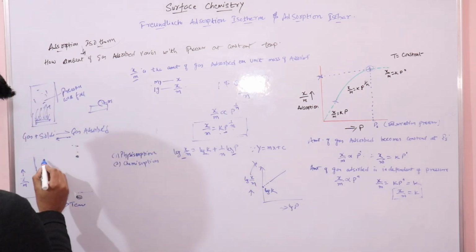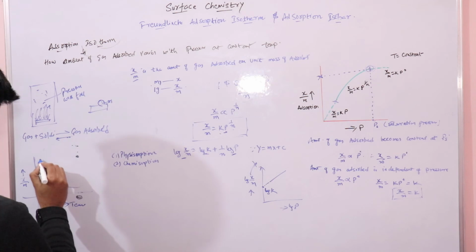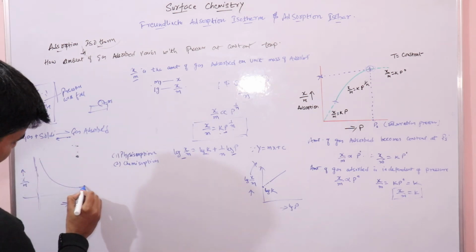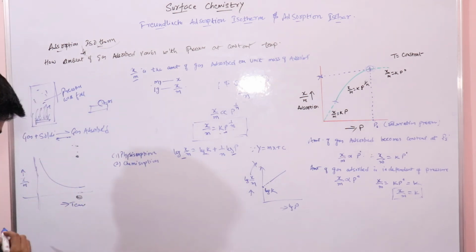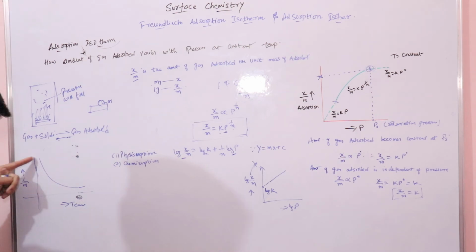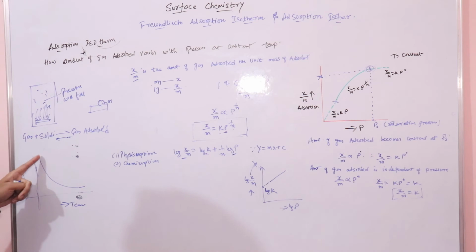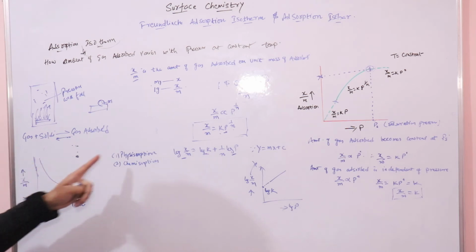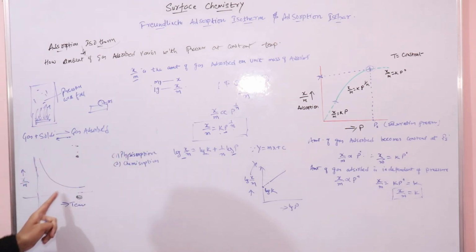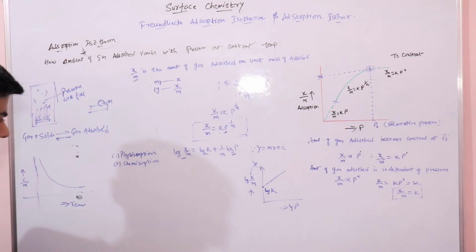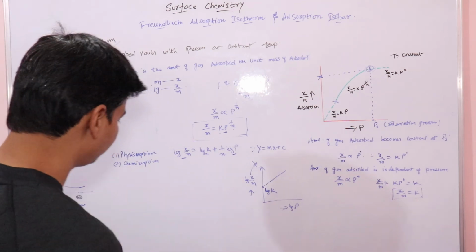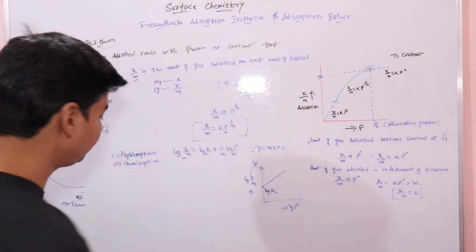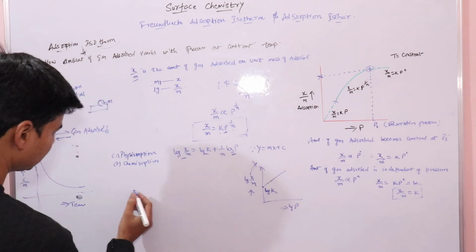The graph shows that with increasing temperature, the amount of gas adsorbed is decreasing. Since the graph is coming down, physisorption decreases with increase in temperature. This is what we have studied before on the factors on which adsorption depends.